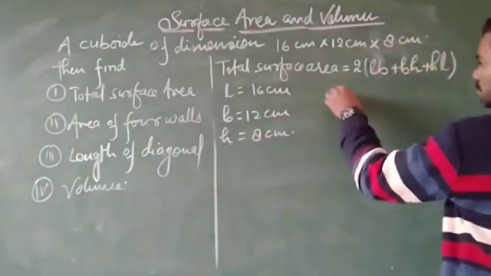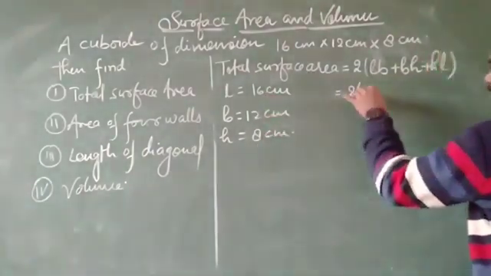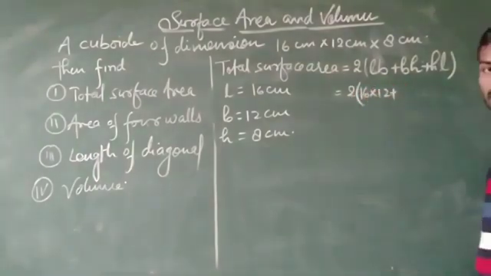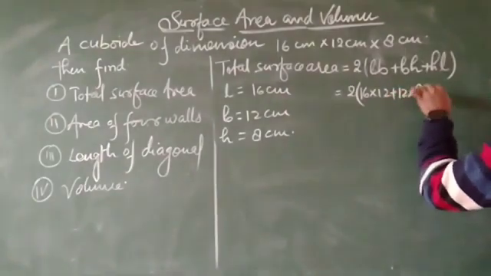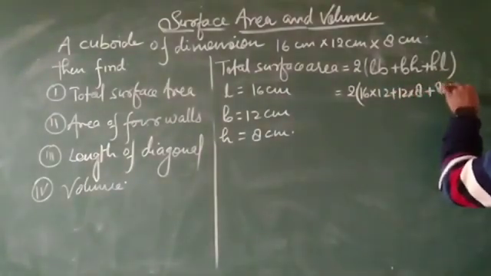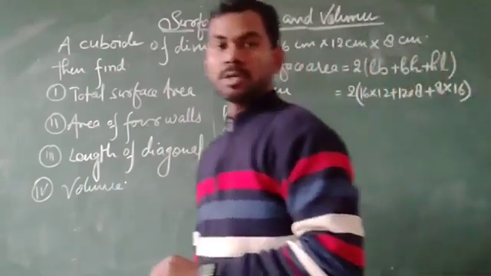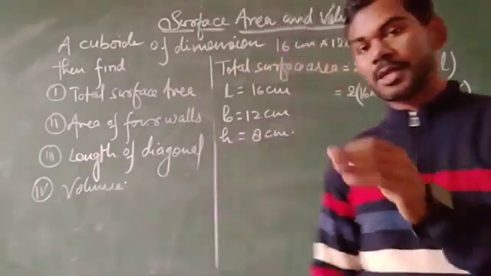So the area becomes 2 into (16 multiplied by 12 plus 12 multiplied by 8 plus 8 multiplied by 16). So in this way we substitute the values of L, B and H. Now calculate them.